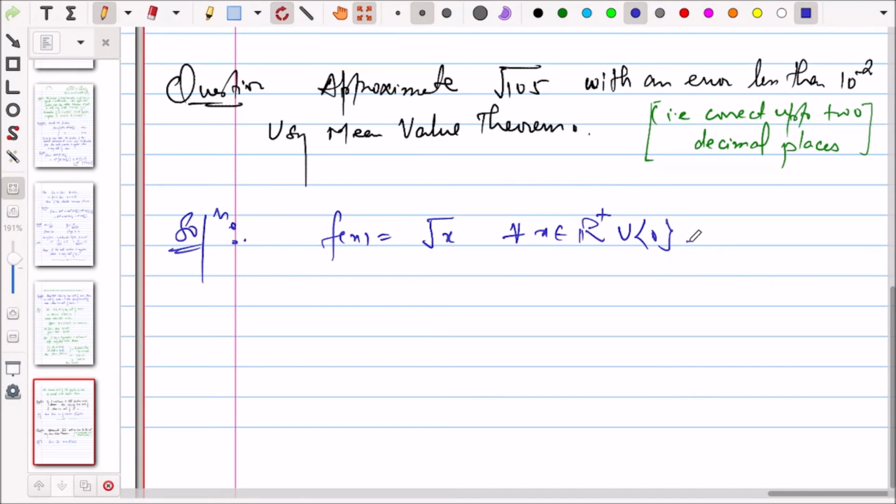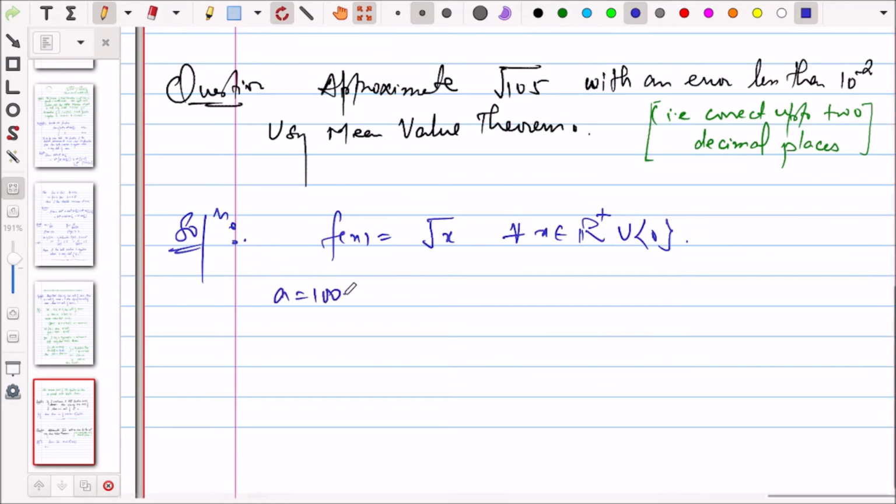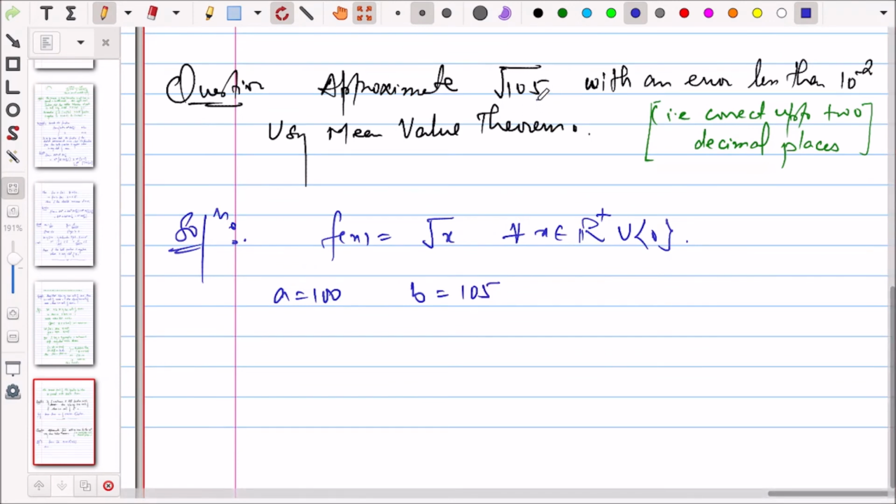Now next, what will we have to do? We will take a equal to the perfect square closest to 105. Which is the perfect square closest to 105? 100. So we will take a equal to 100 and b equal to this number 105. Okay, is it fine?